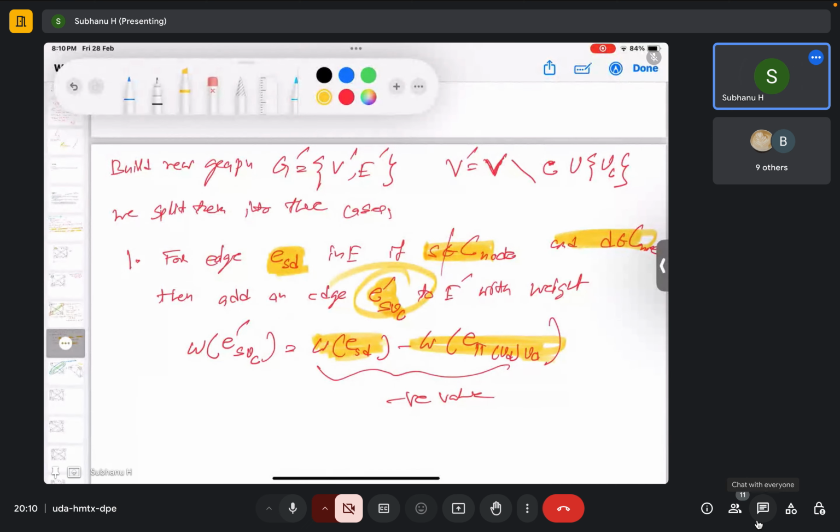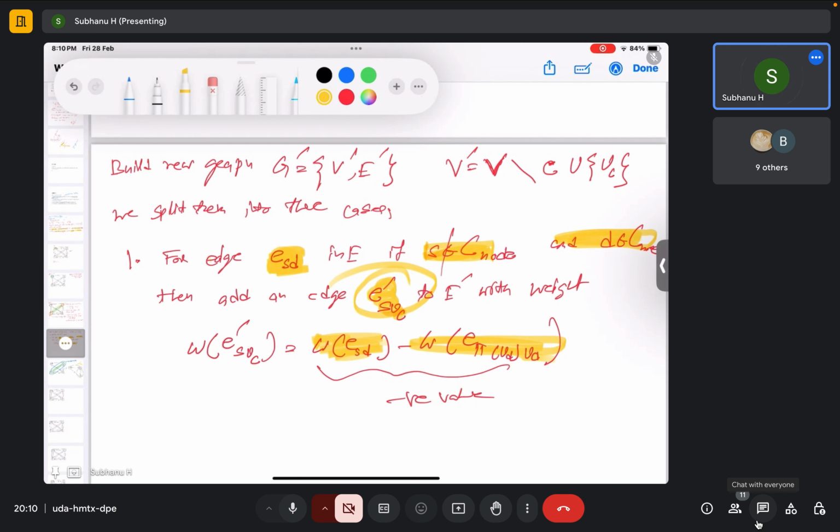So what is this something? This is nothing but W of ESD. So what was the W of ESD? W of ESD minus W of E pi VD. So what is this? So what was the weight first?